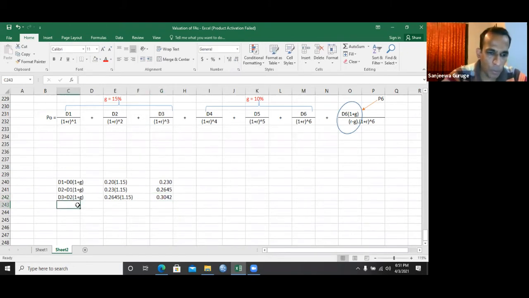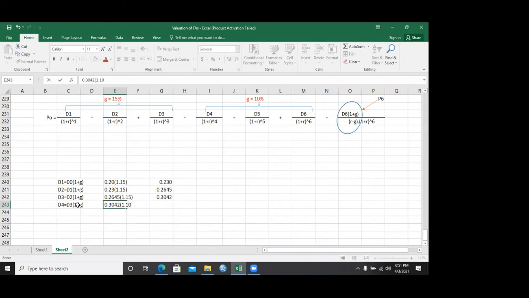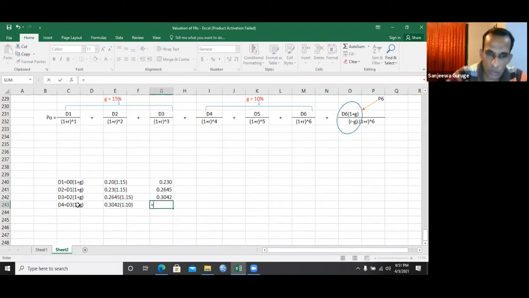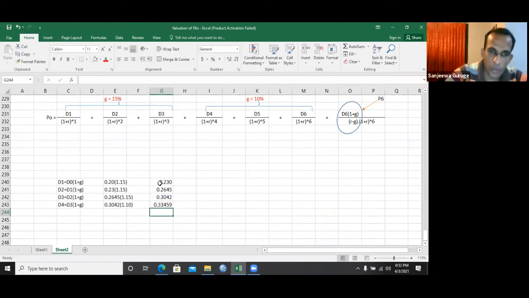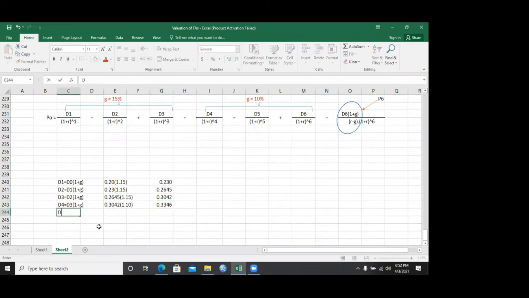Then D4 equals D3 into 1 plus G. D3 you already calculated, 0.3042 into 1.10, because from the fourth year the growth rate is 10%. That means D4 is 0.3346.